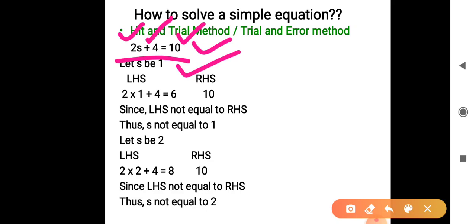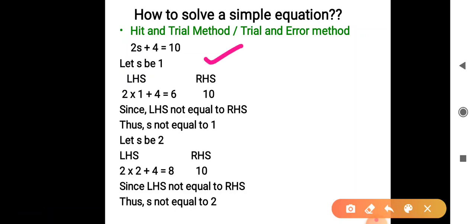If you find that the whole equation has only positive constant as well as coefficient numbers, then you can try the value of s with a positive integer while doing hit and trial method. Okay, just a trick. You can apply any other trick if you want, or the best way is to get the answer directly. Anyway, so yes, you see how I am proceeding with the method.